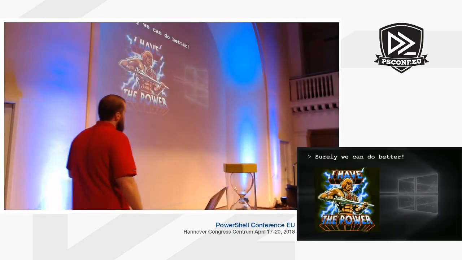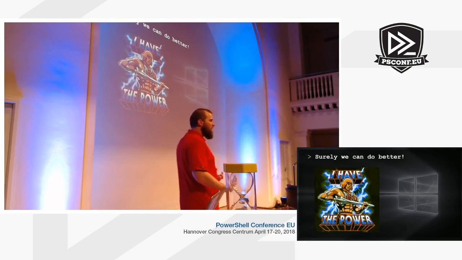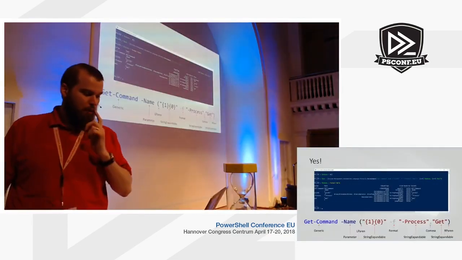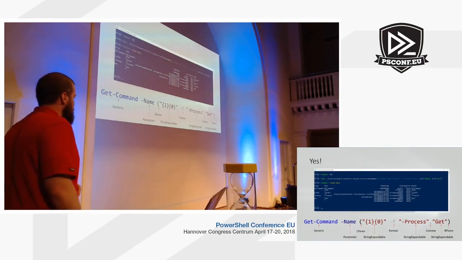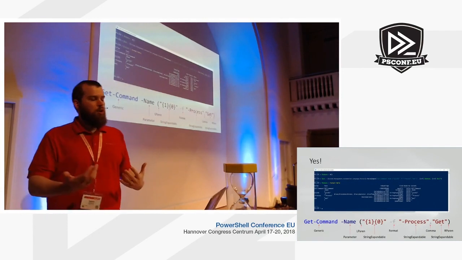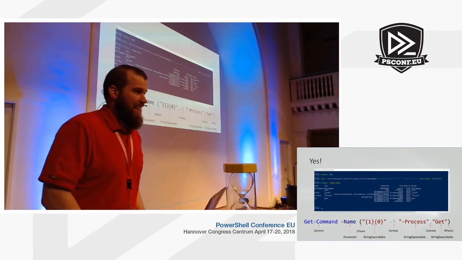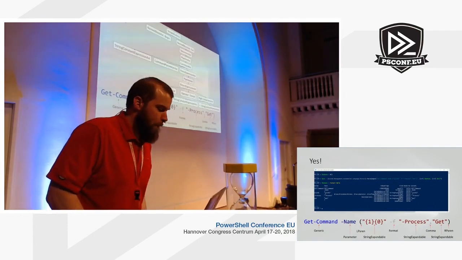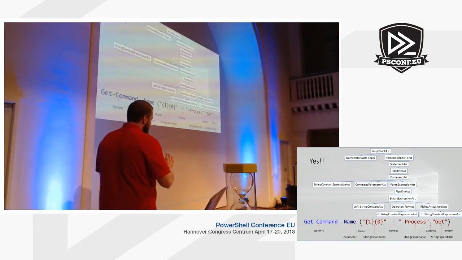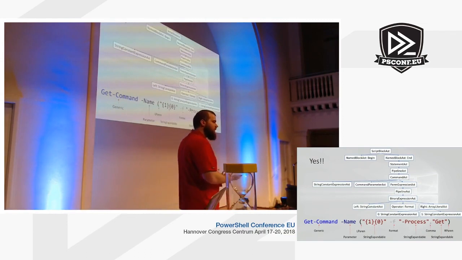This is PowerShell. We have power at our fingertips. We can do better. So what else do we have at our fingertips? Well, we have the language tokenizer, so we can parse any command or script and find all the elements and all the tokens. But the really powerful tool we have at our fingertips is the abstract syntax tree. This is the coolest thing ever, and PowerShell makes it so easy to access the AST.